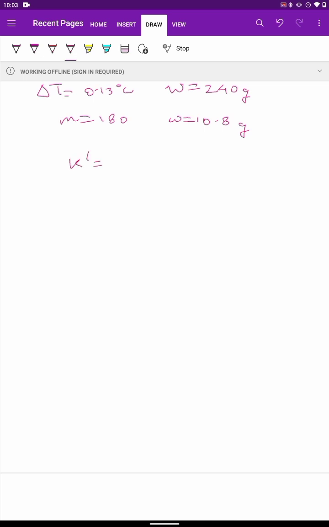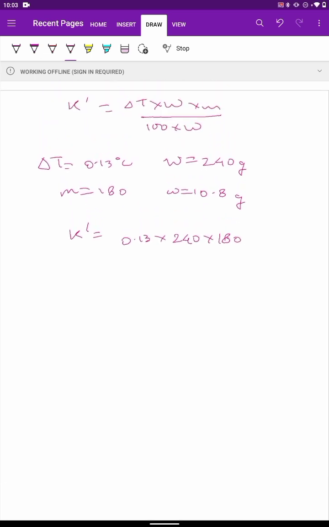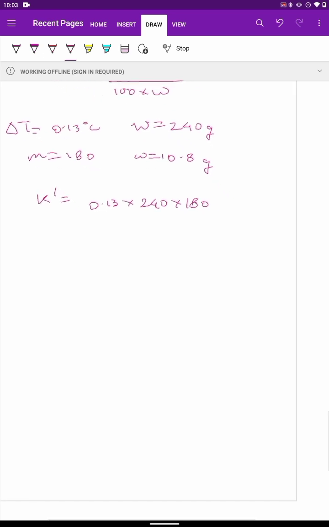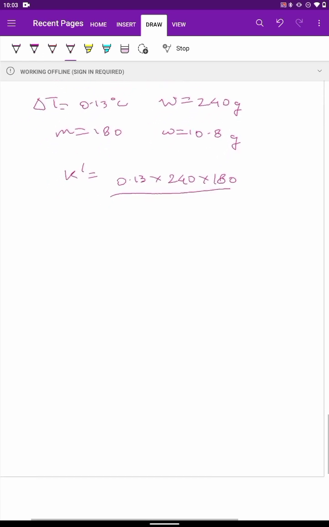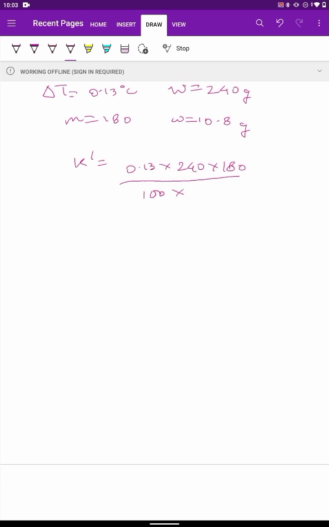K dash is equal to 0.13 into 240 into 180, where 240 is capital W and M is 180, divided by 100 into 10.8. We just have to do the calculation, and we arrive at the value of 5.2 degrees.